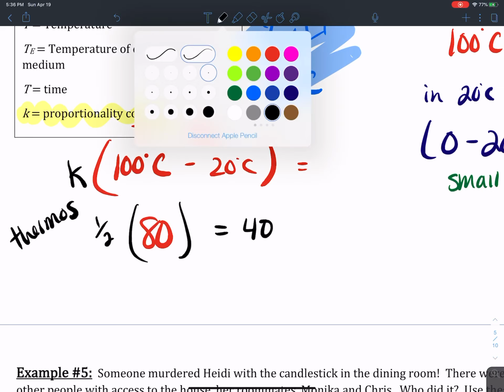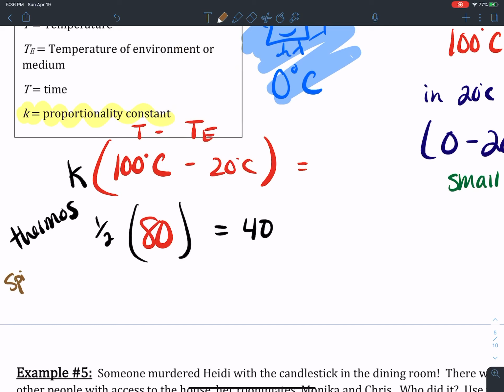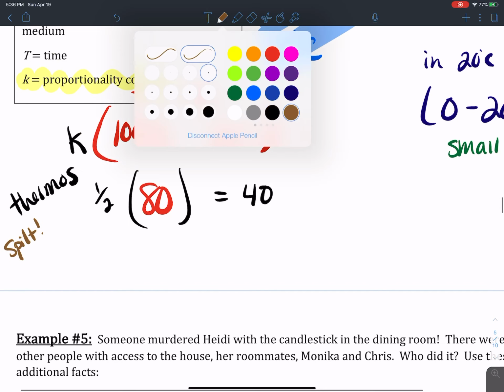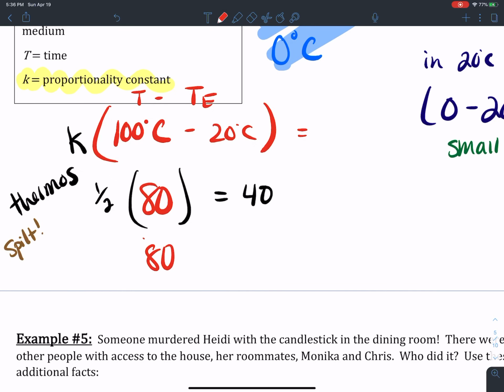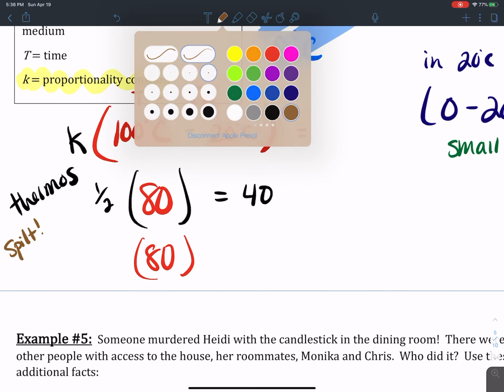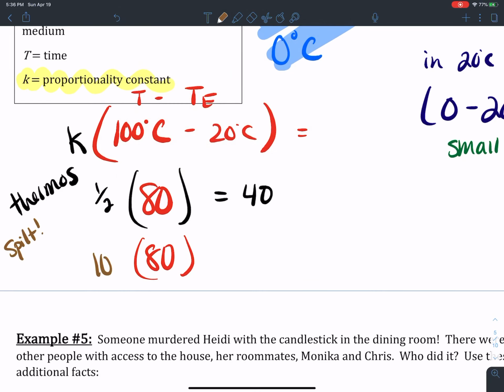Now think about something else, like if I spill it. Well, if I spill it, imagine taking a super hot cup of coffee and spilling it over the entire kitchen table. You could almost immediately touch that coffee without burning yourself because it cools down so fast. So the temperature gradient was already 80, but now in this case, the K value might be something crazy high, like 100, meaning, I'm just making all these things up.